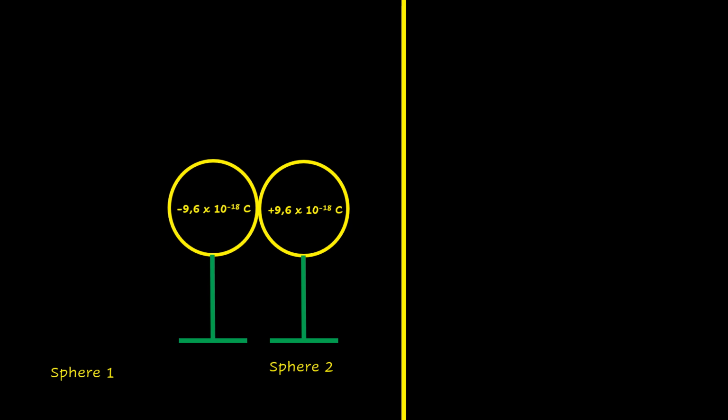So after touching and we separate them, they will both have the same charge. Negative charge or electrons will be transferred from the more negative sphere 1 to the more positive sphere 2. This means that there will be a charge transfer of minus 9.6 multiplied by 10 raised to the power of minus 18 coulombs.